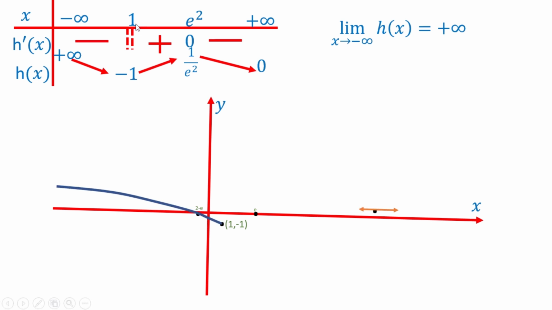And over 1 to e squared, increasing, and the curve cuts x prime x at e, comes to this point. Here we have a tangent parallel to the x-axis. Then the curve goes to 0 along x prime x, because x prime x is an asymptote.